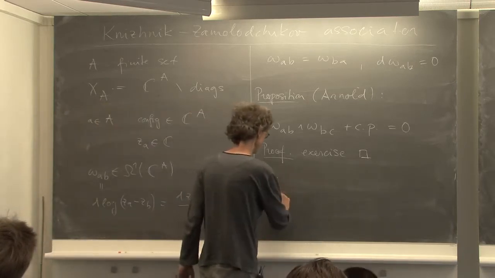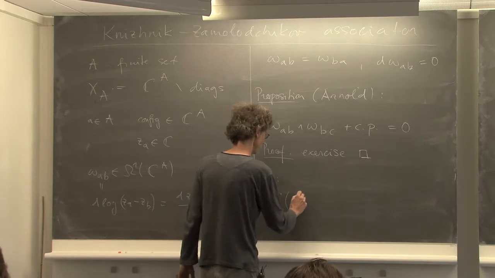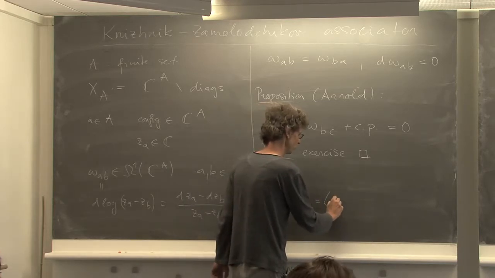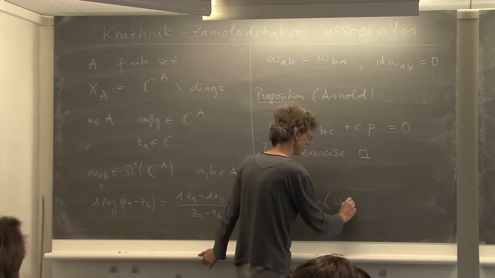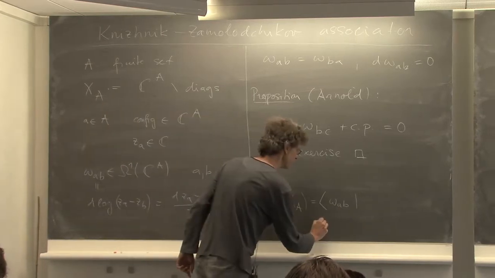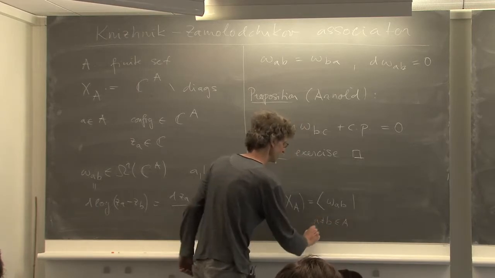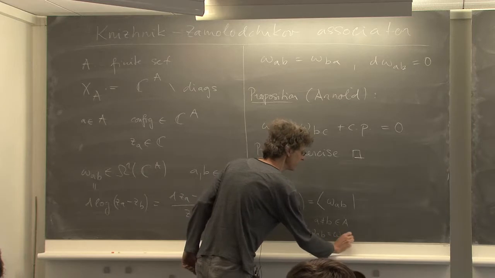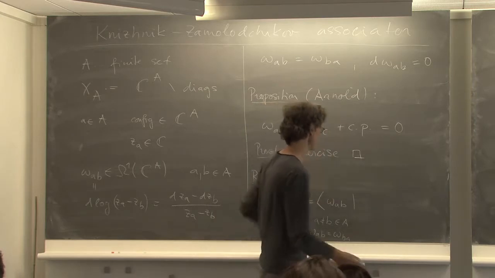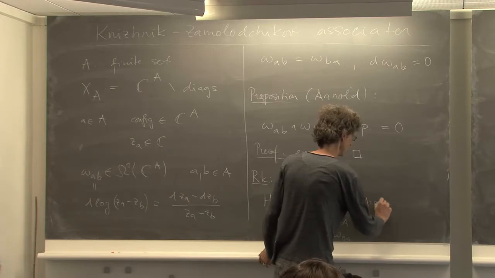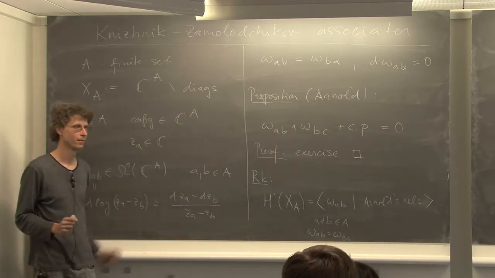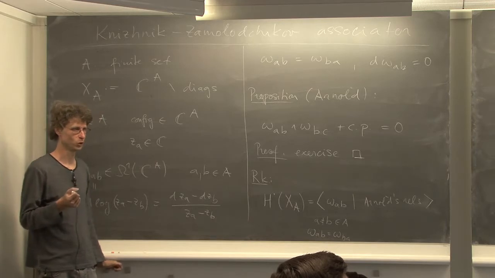What's happening is that when you take the cohomology of this X_A, it's simply the graded commutative algebra generated by those omega_AB, with a different from b in A, and omega_AB is the same as omega_BA. So for any pair there is this kind of generator, and just modulo these Arnold relations. So these forms somehow know a lot about the topology of this configuration space.